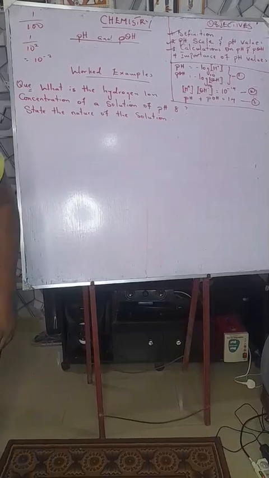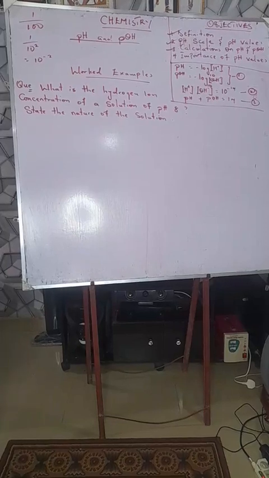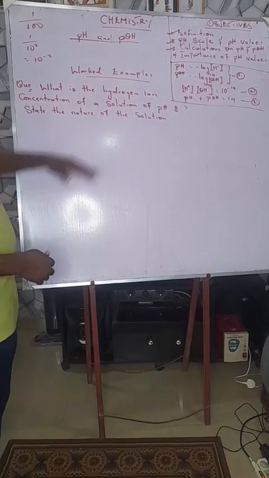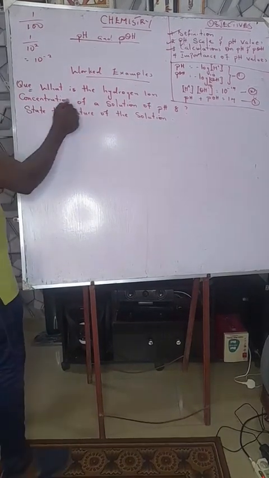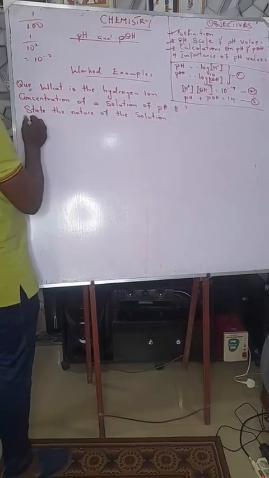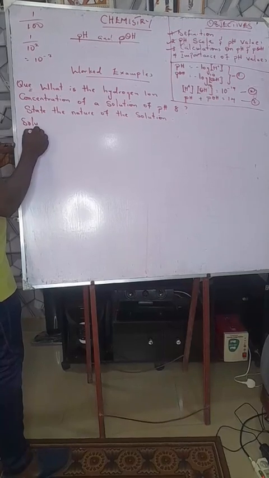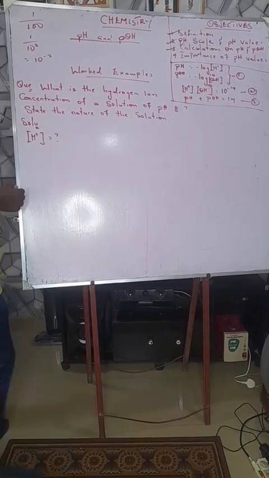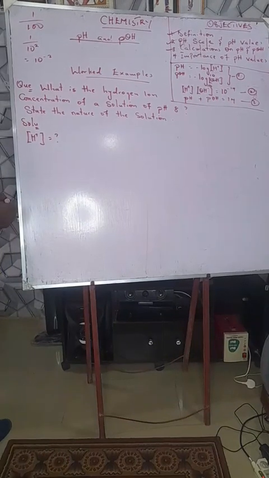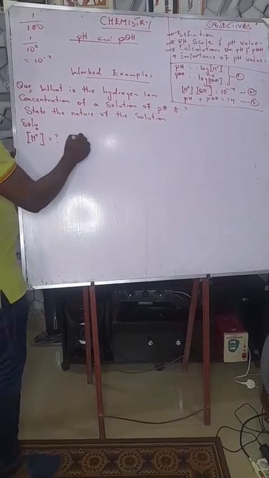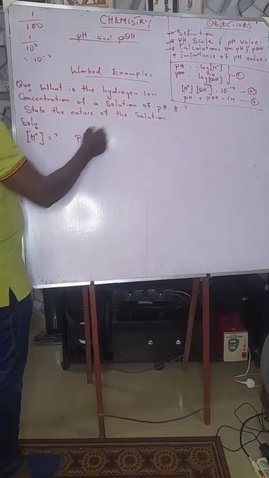We just want to know whether the solution will be acidic or basic. So they say, what is the hydrogen ion concentration of a solution of pH 8? In this question, they are asking for hydrogen ion concentration, so it is unknown, and the pH is equal to 8.